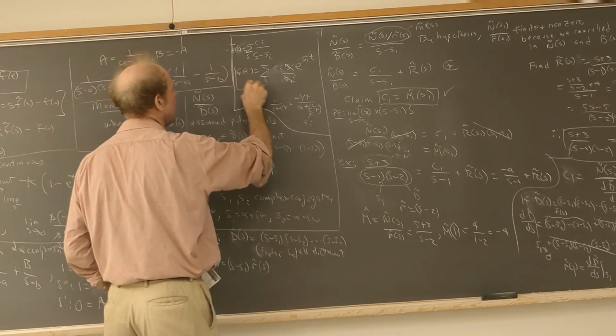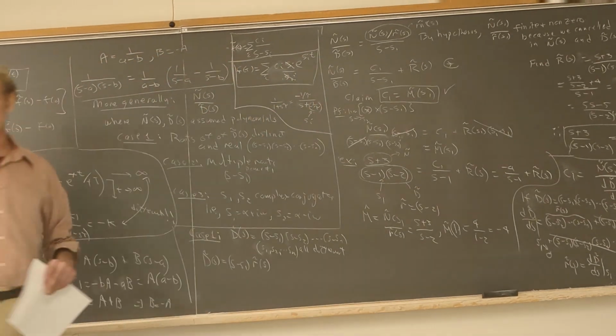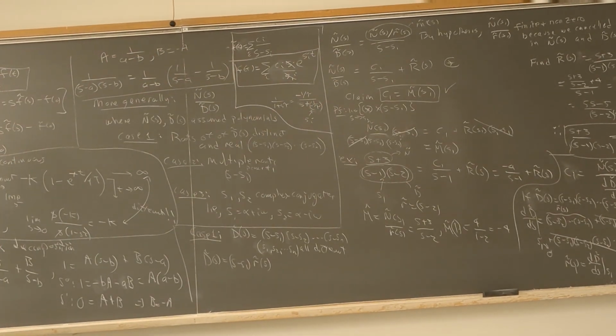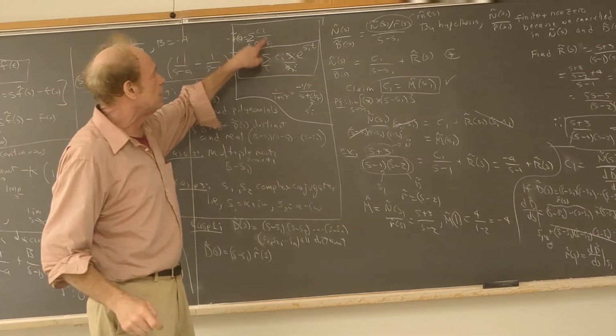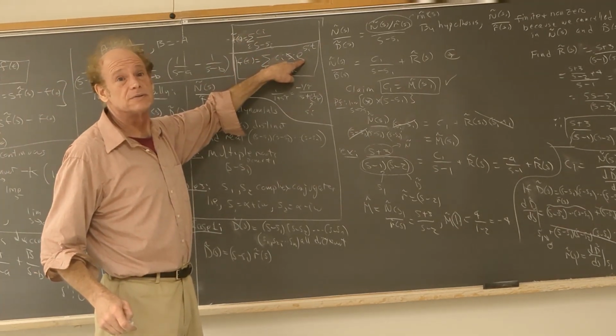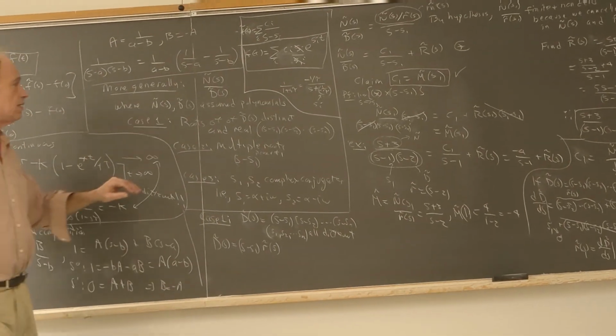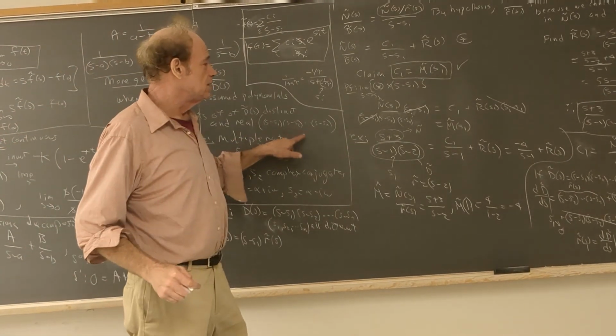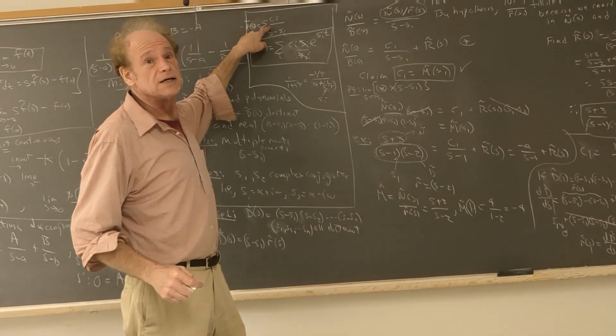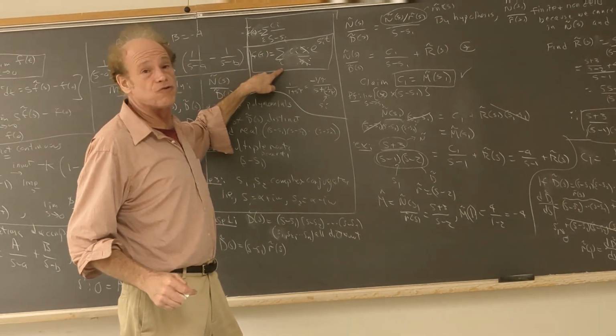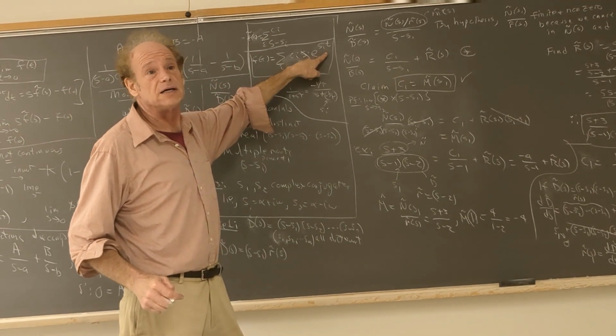So when I go backwards, f of t is just the sum of c_i's times exponentials. So by breaking up something like this into terms that look like this, the inverse is easy. It's all line 4, and it's e to the s_i t.